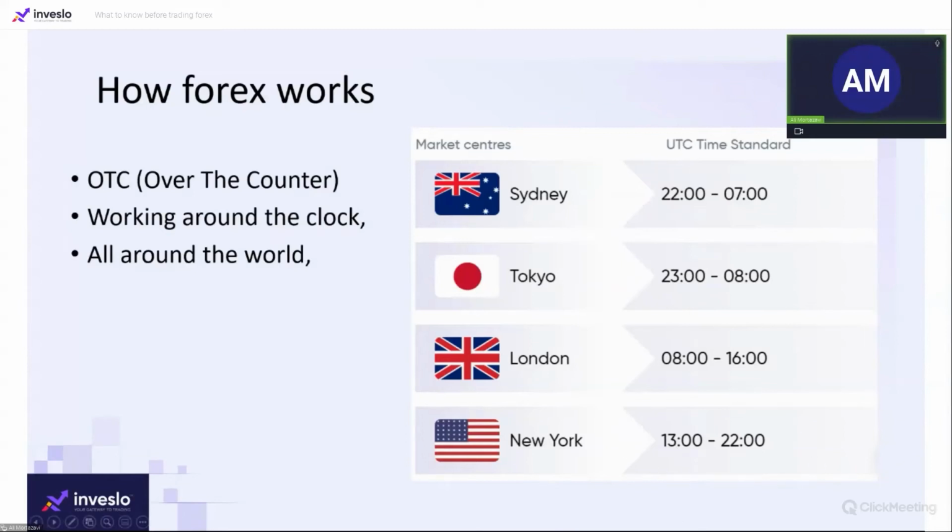And they are open till 22 UTC time. And at 22, when they are closed, we see the Asian markets start trading again. So it means every moment around the clock, 24 hours per day, you can have some banks open someplace in the world.